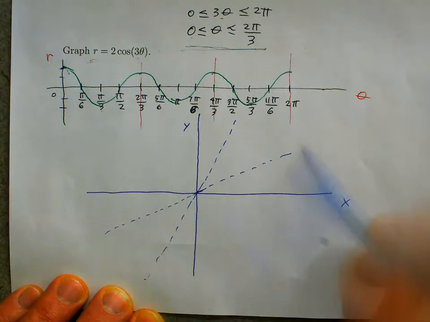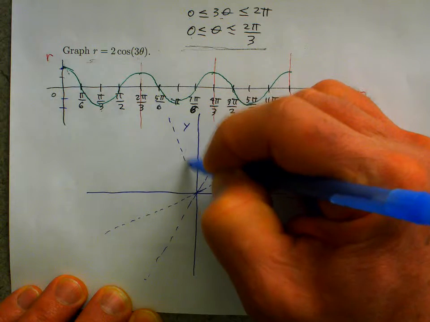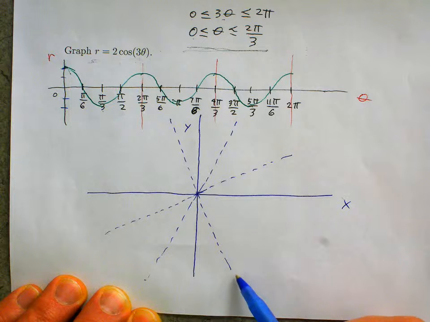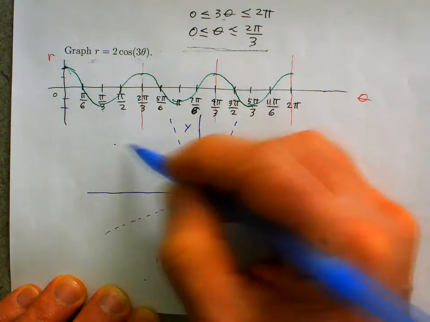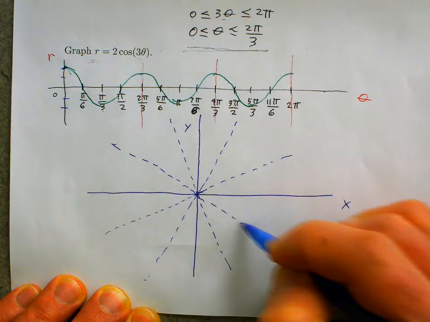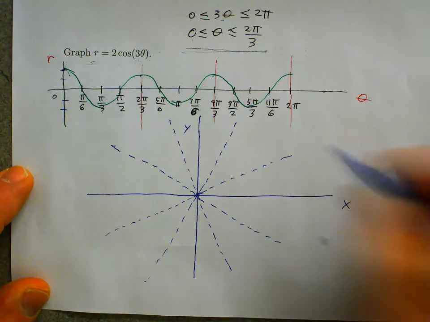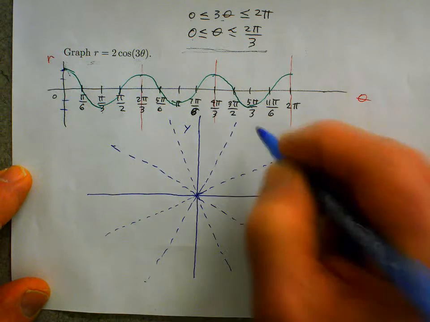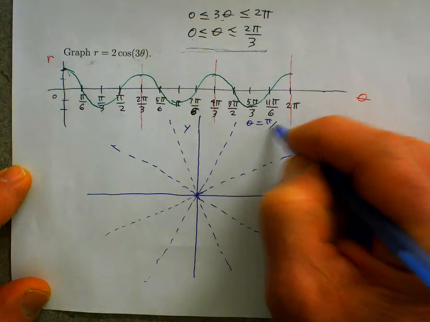And then in the second quadrant, 2 pi over 3, and then in the opposite direction in the fourth quadrant. These are not exactly accurate, but this one is theta equals pi over 6. This one is theta equals pi over 3, and so on.